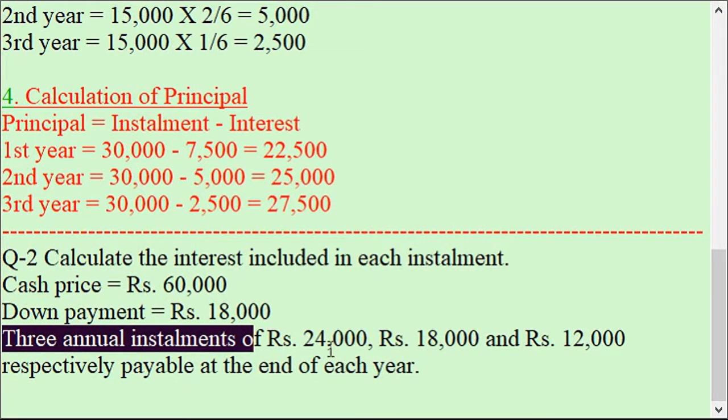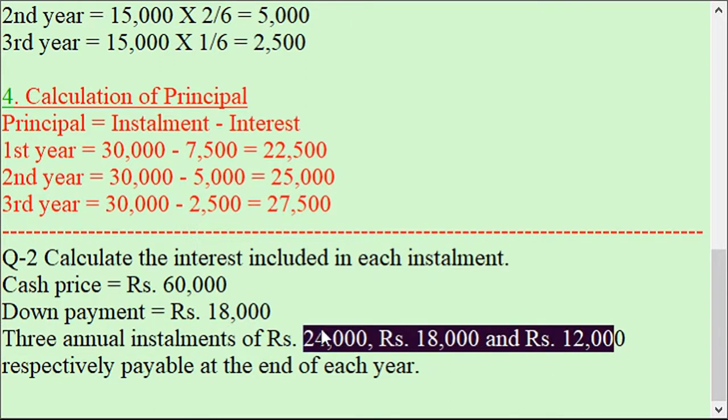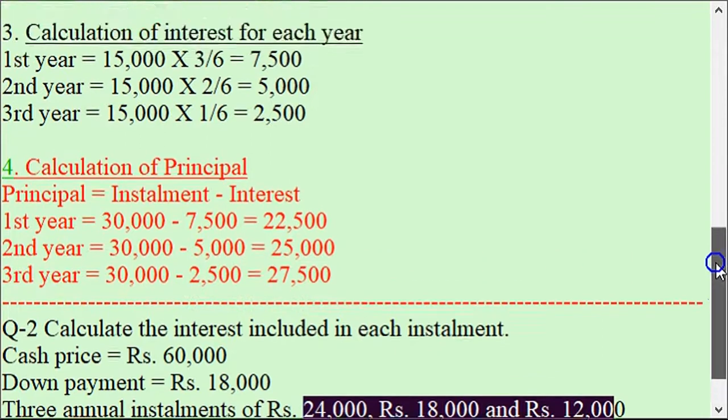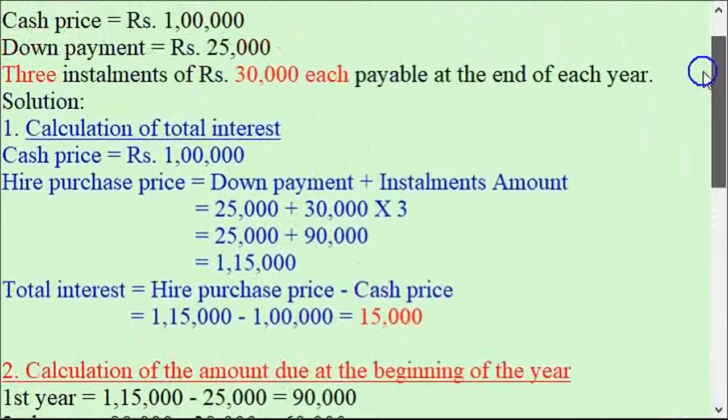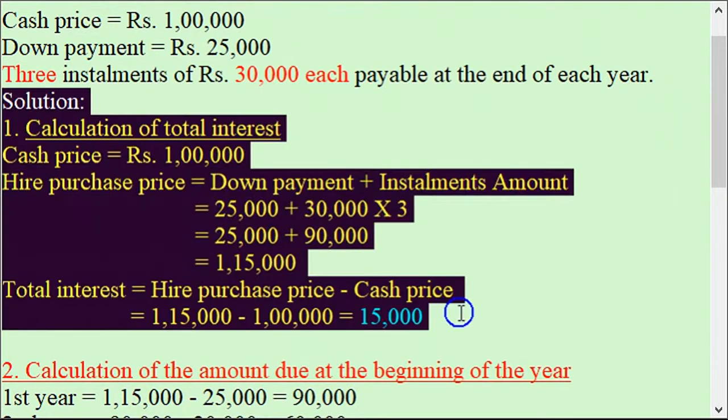So your total installment amount is 24 plus 18 plus 12, that gives you 54,000, is the total installment amount you are paying plus down payment of 18,000. The difference amount will be the interest. So first let us calculate what is the total interest that you are paying.